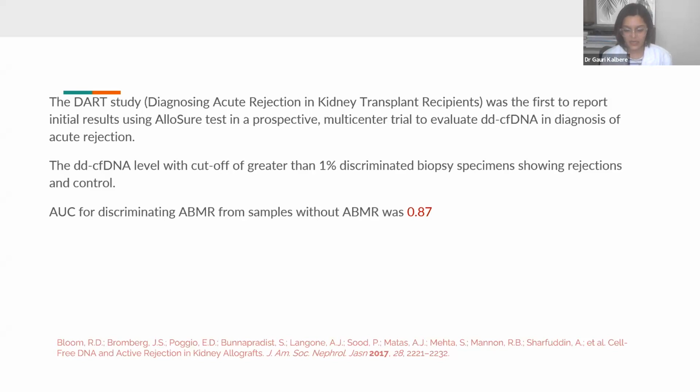So basically what the DART study showed is that all the rejections, especially ABMR, can be certainly picked up with such high levels. And a discriminatory value of 1% was the set level beyond which we could determine whether or not the patient has rejection. So 1% was the value set.